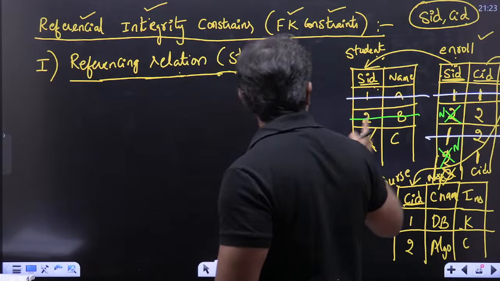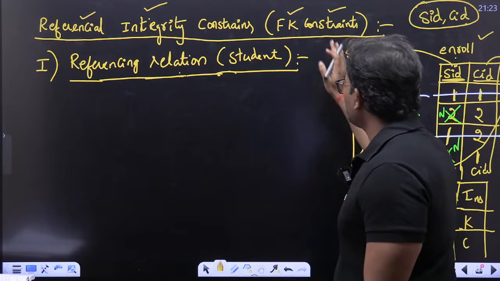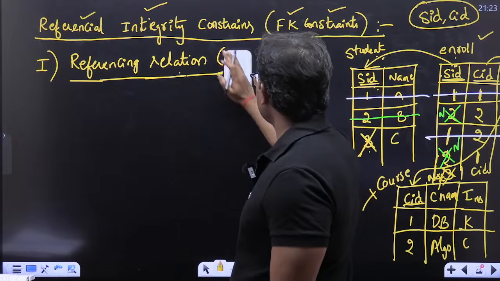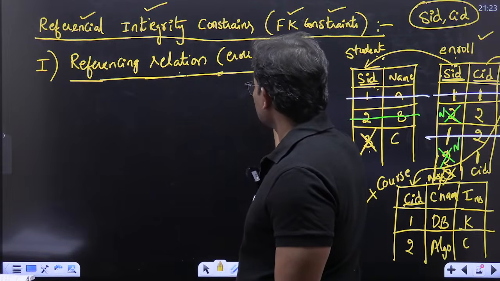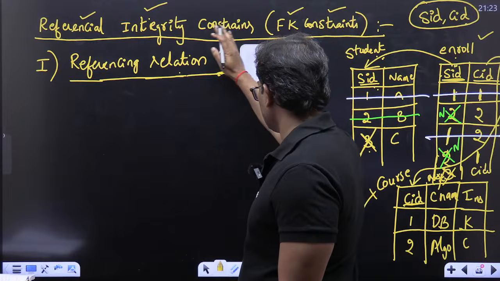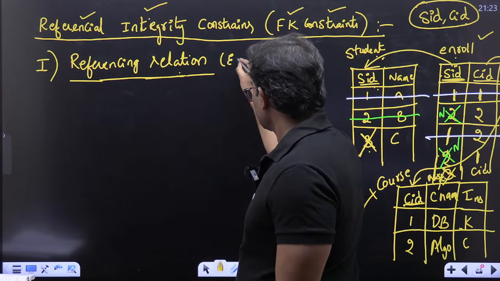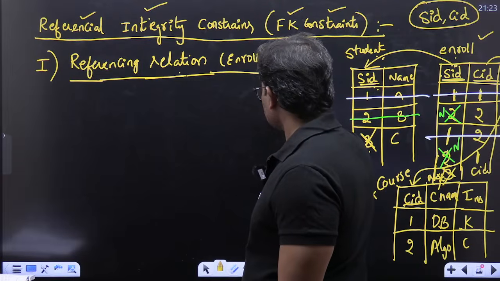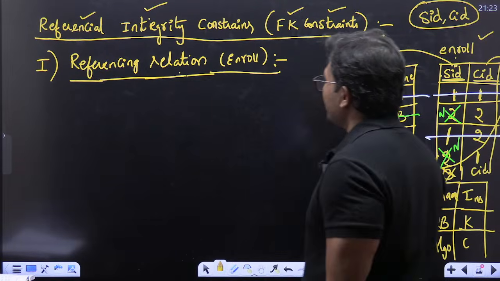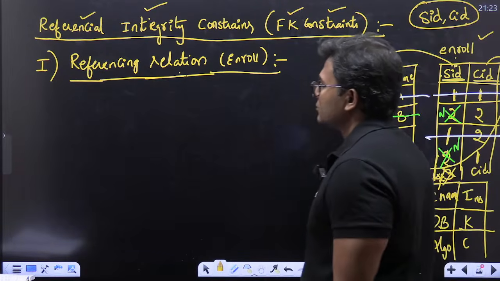What is the referencing relation here? Enroll, right? So it is not student, it is enroll. Just for your understanding, I am writing it. It is enroll.